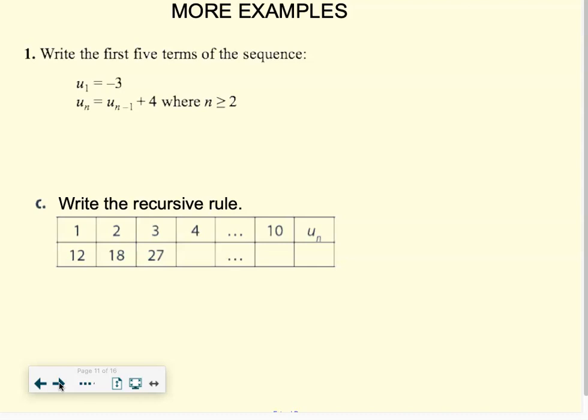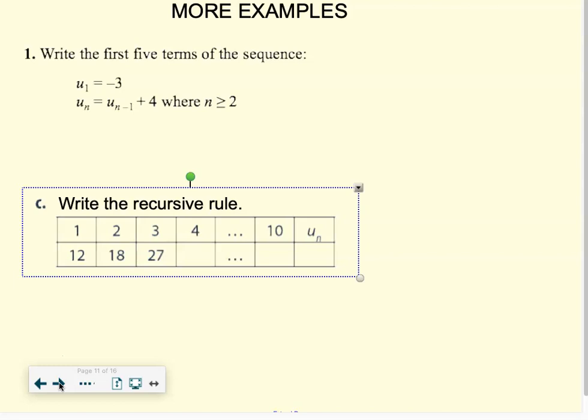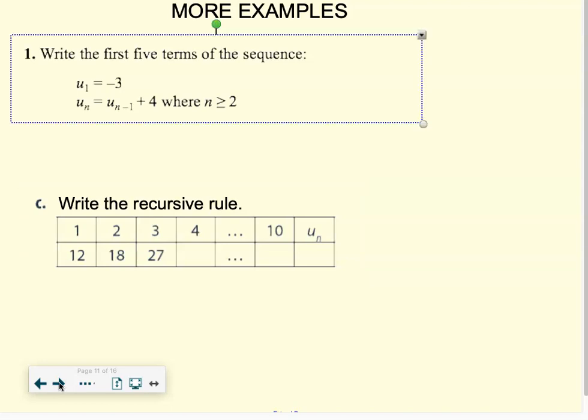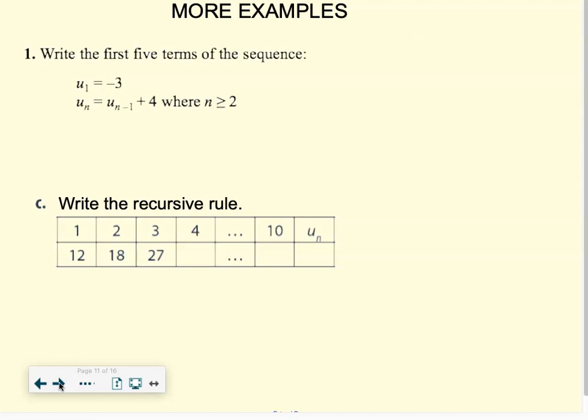All that's saying is, this is our first term, and for any term starting with the second term, u sub 2, u sub 3, u sub 4, you follow this pattern. When you write your sequences, you don't have to write this part. You can just write this part.